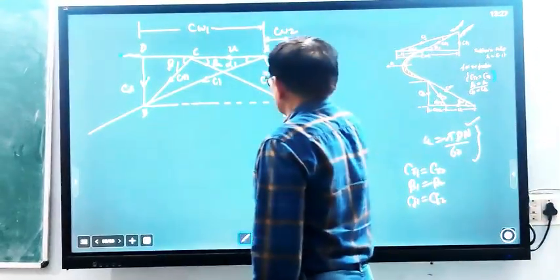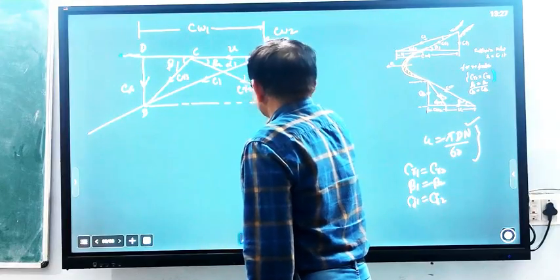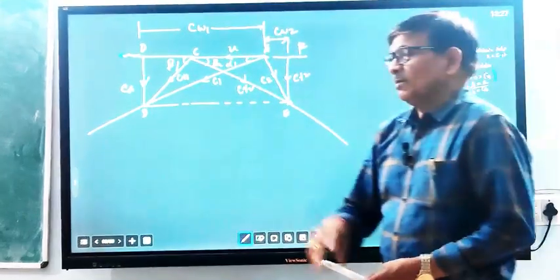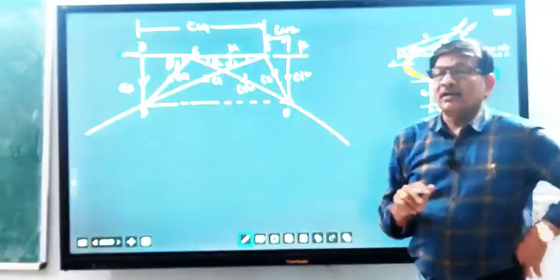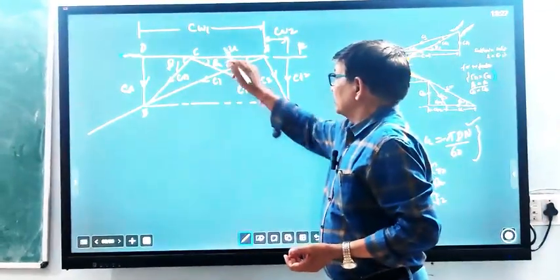CR1 equals CR2. Although in the figure you may not see that CR1 equals CR2, because it is a freehand sketch, actually CR1 equals CR2, and you will find this line is parallel to this line.